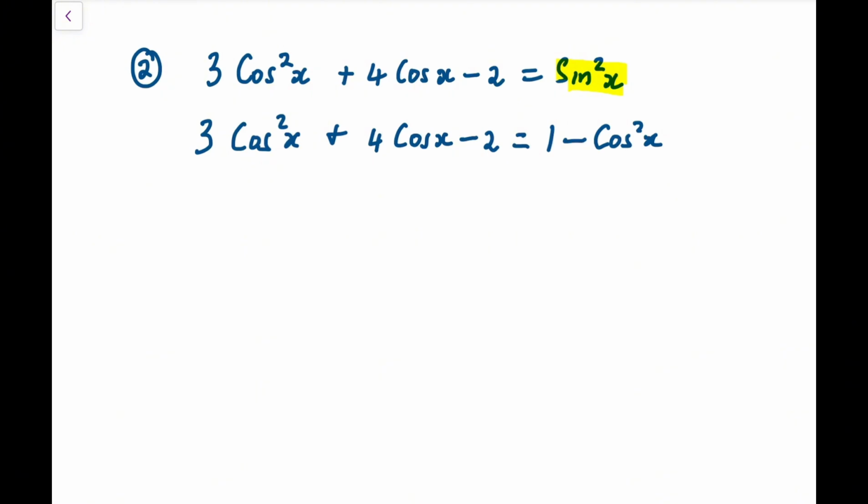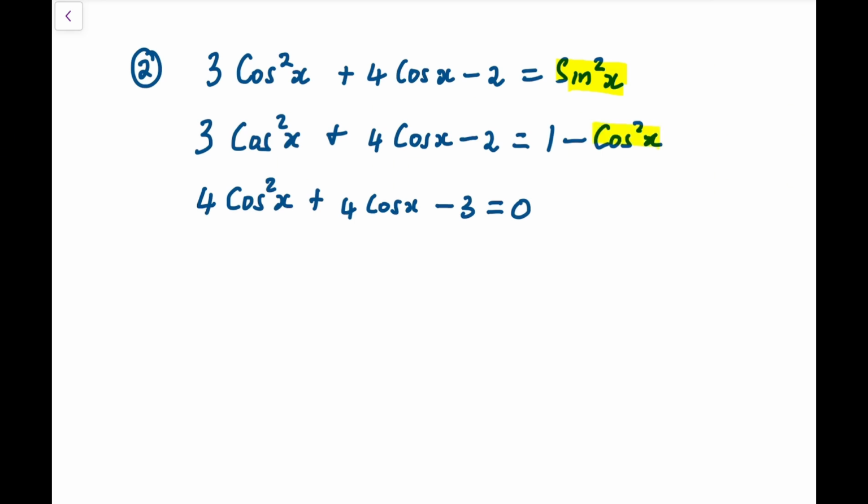So we are going to have 4 cos squared x plus 4 cos x minus 2 minus 1, it is minus 3 is equal to 0. So how did I get 4 cos squared x?